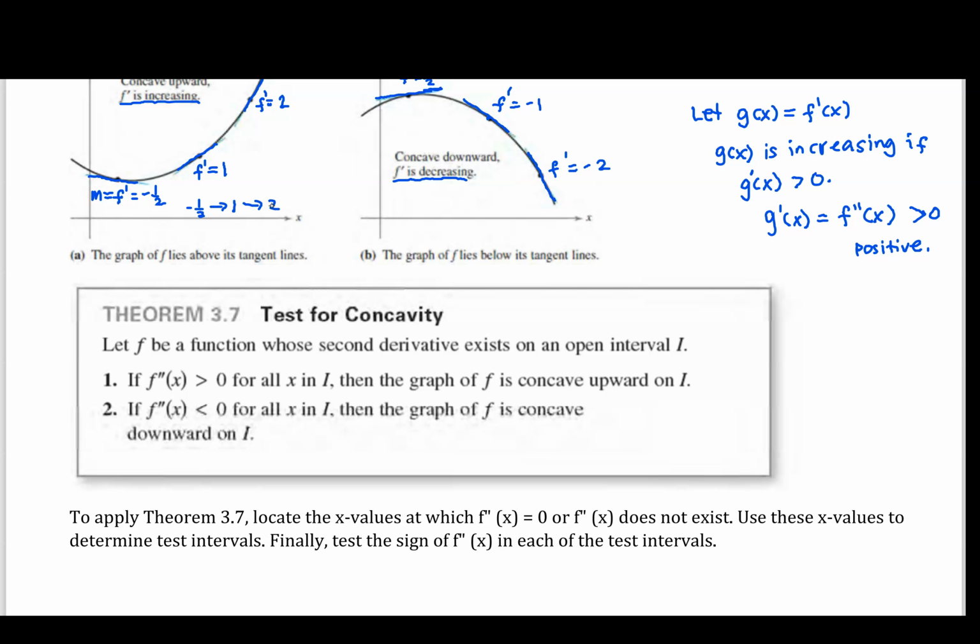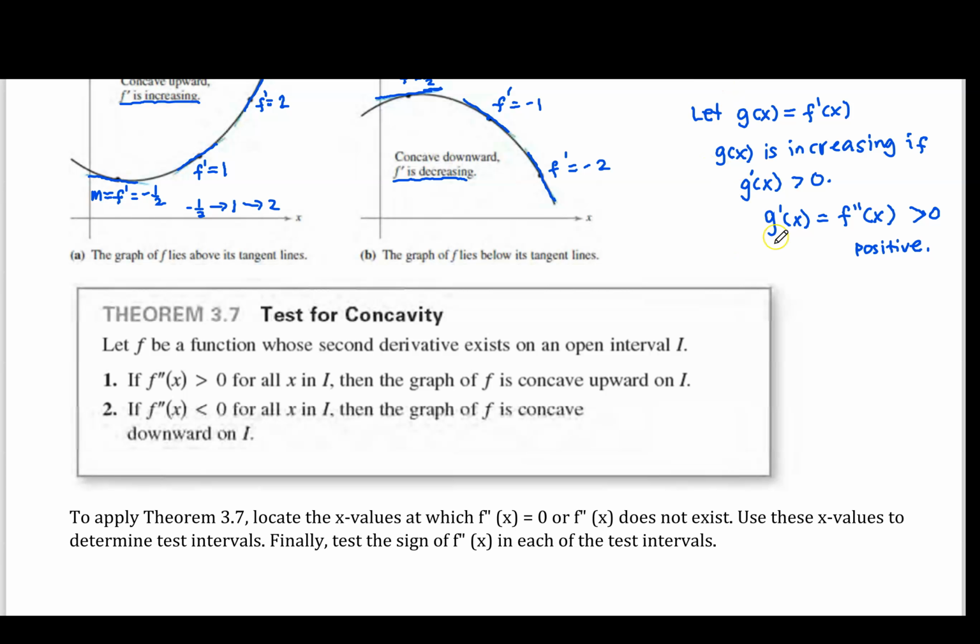So to summarize this, we have theorem 3.7. It says here, if the second derivative of the function is greater than 0 for all x on the interval, then the graph of the function is concave upward.